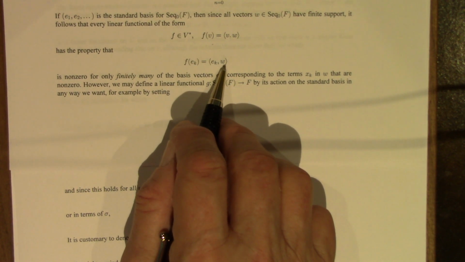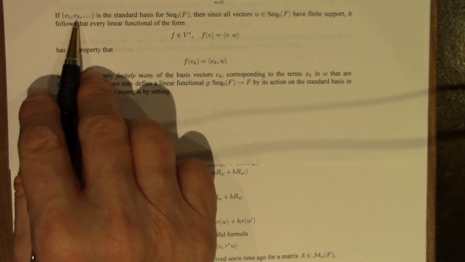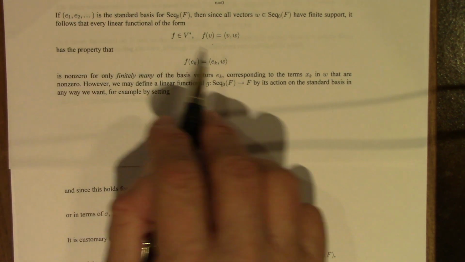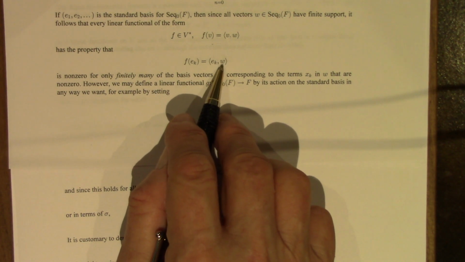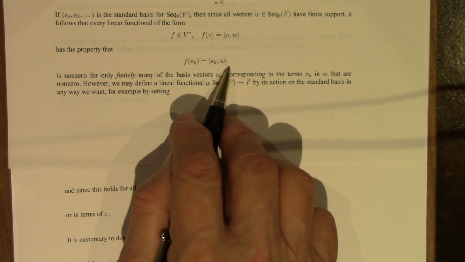W is, after all, a linear combination of these standard basis vectors, so only a finite number of them appear in W. So all but those finite number, this will be 0.